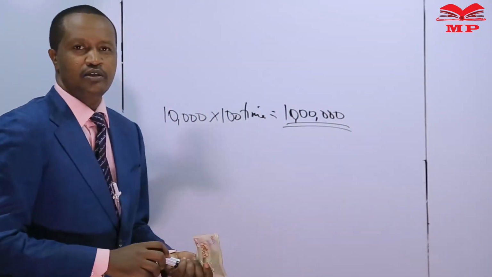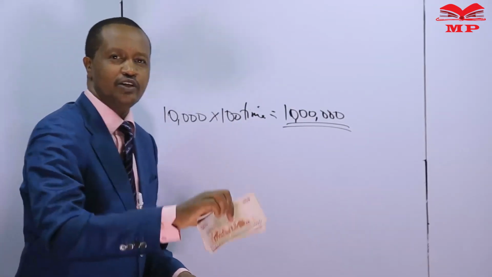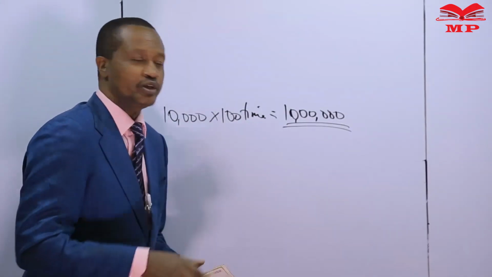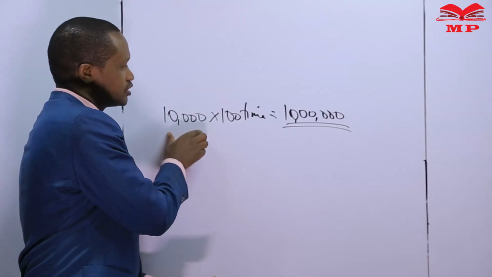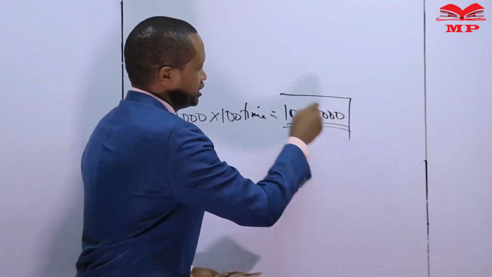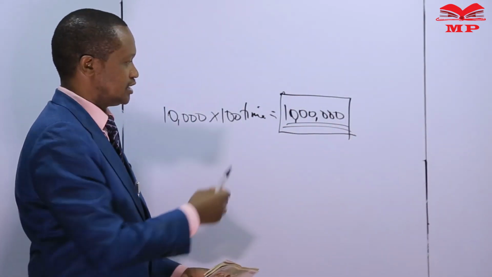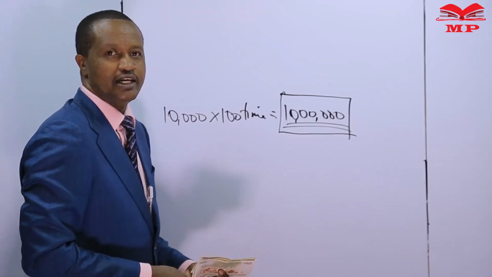That if you are to put 10,000 in an envelope, after 1 week, the 10,000 will grow to 1 million Kenya shillings. And I thought that is a lie.